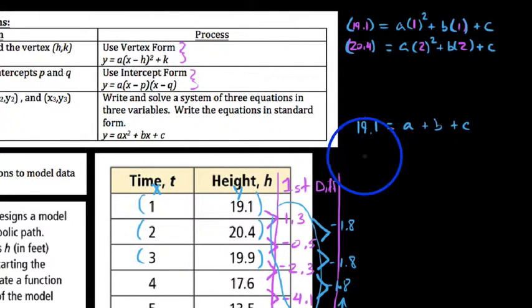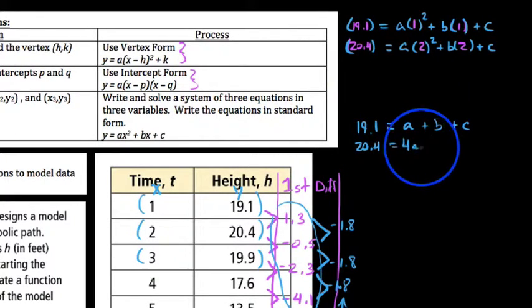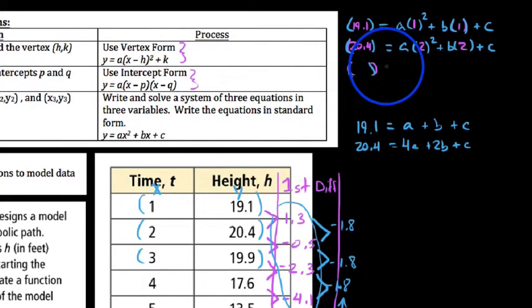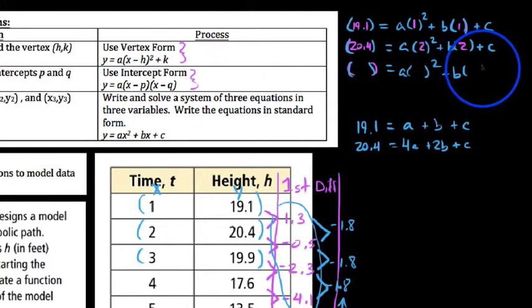Simplifying this, we get 20.4 on the left for our y value, and 2 squared is 4, so we get 4a, and then 2 times b is 2b, plus c. I hope you notice this: when we plug in each data value, the c value is always plus c, so it's going to make solving the system easier.